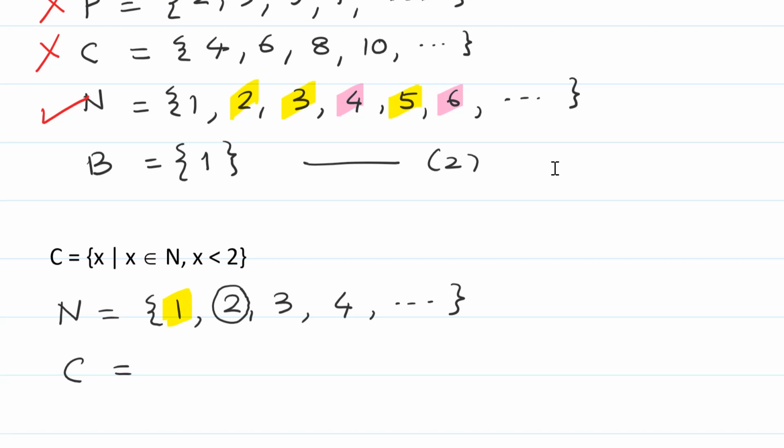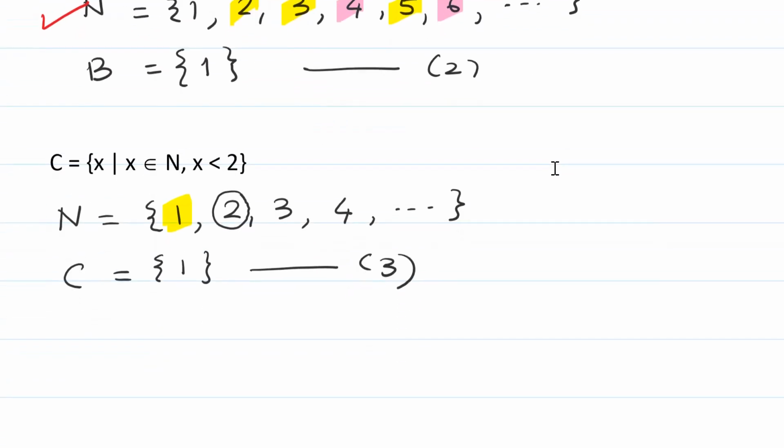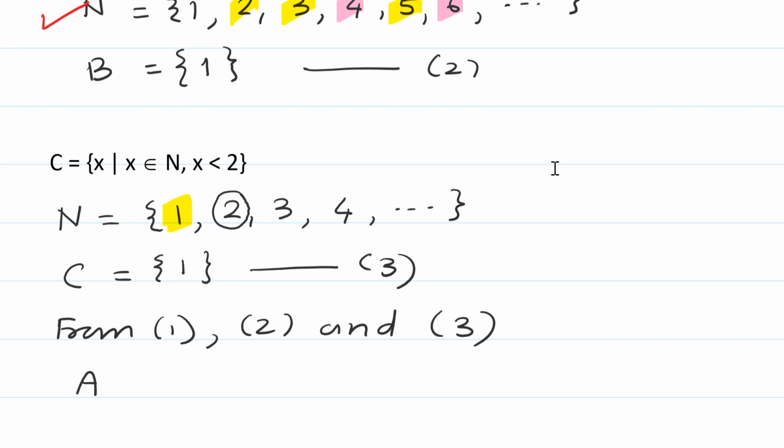So C set is also singleton set, and it has element 1. So from 1, 2 and 3, set A is equal to set B is equal to set C.